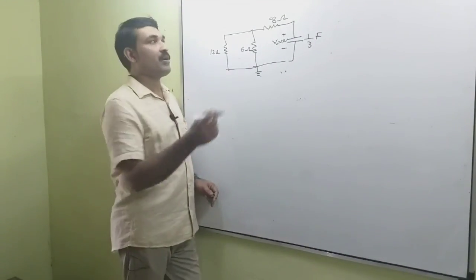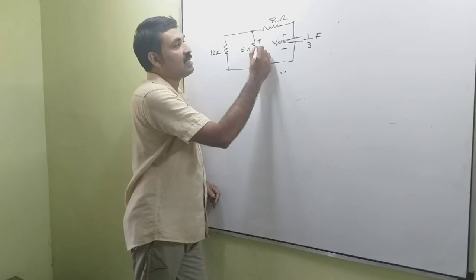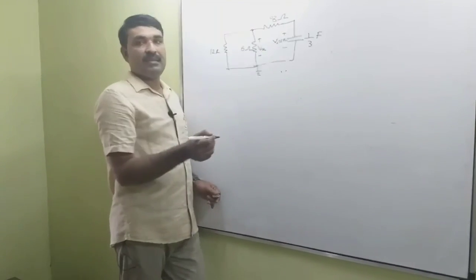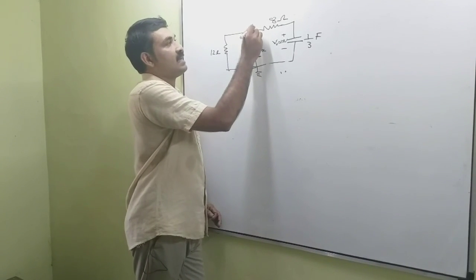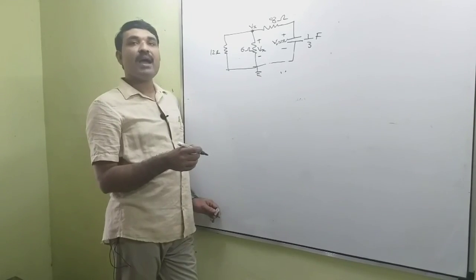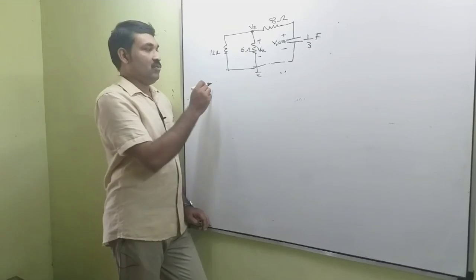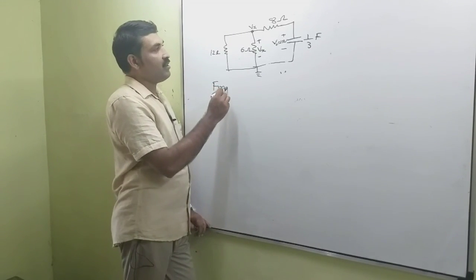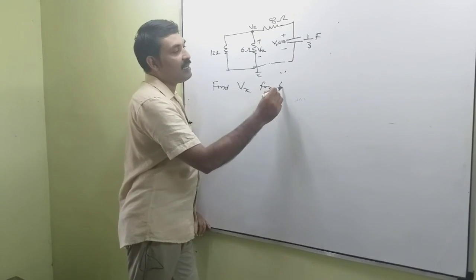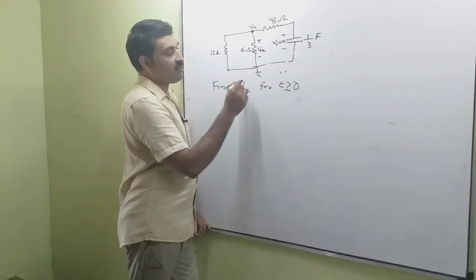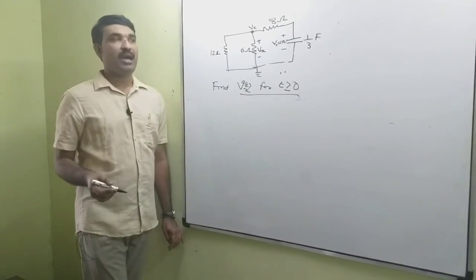Now for the same circuit, let the voltage across this resistance be given as Vx. Okay, so that indicates the voltage at this node is Vx. Now we want to find the voltage Vx for t greater than or equal to 0. So we can denote this by Vx of t as a function of time.